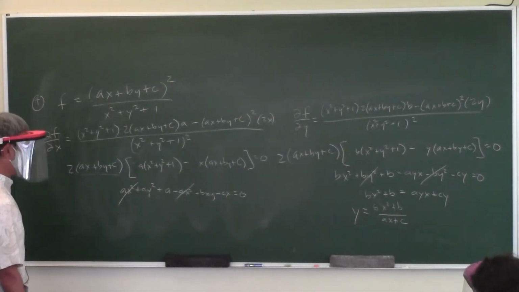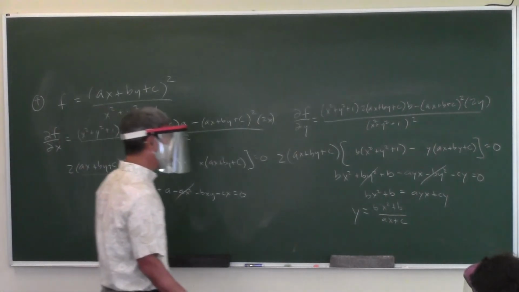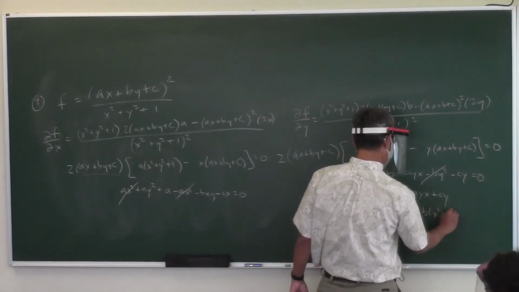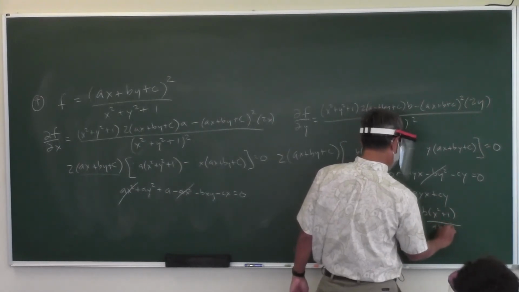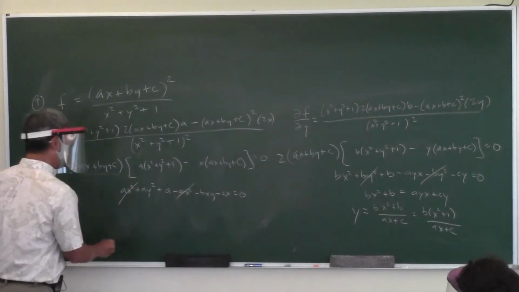Will it make a difference if I factor out that b? Yeah, that would be easy. Okay, factor out the b then. x squared plus 1 all over ax plus c. Take that and plug it in here.